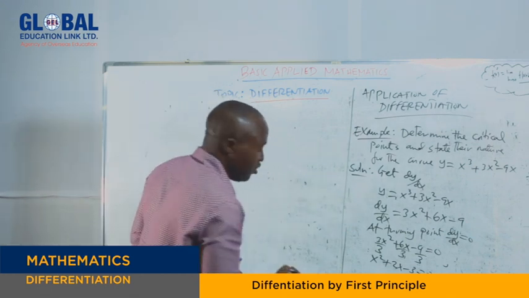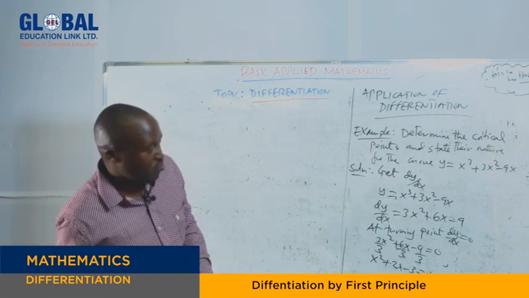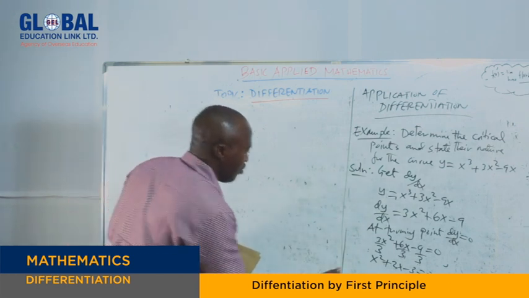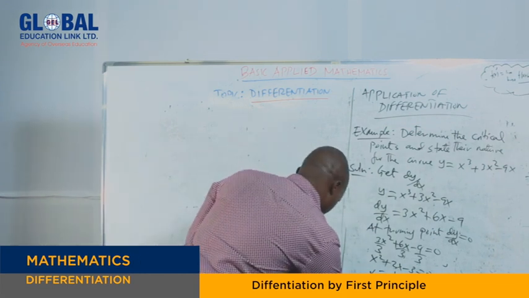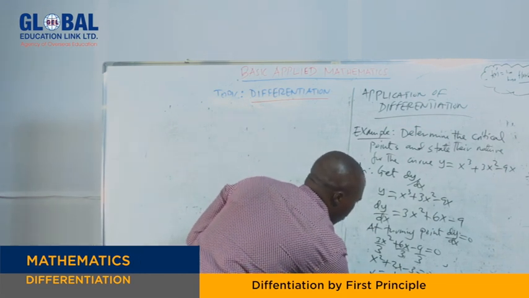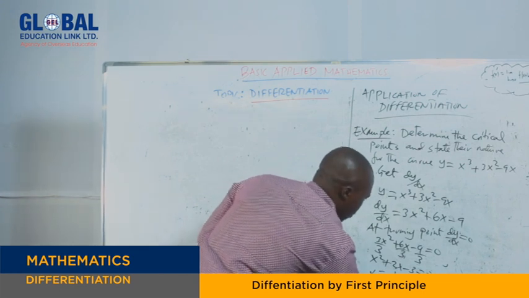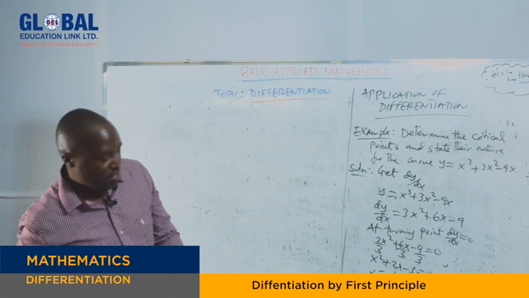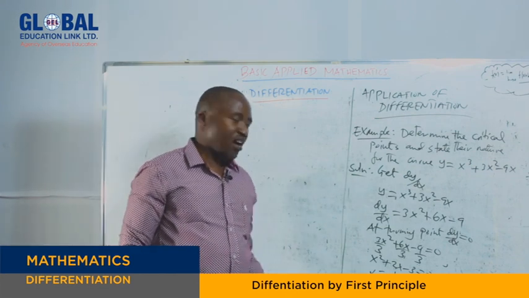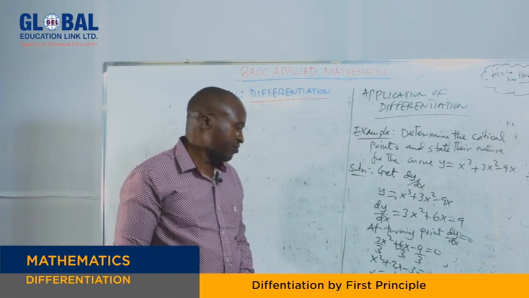By using the scientific calculator, the value of x is equal to 1, or x is equal to negative 3. Just use your scientific calculator, and then you are going to reach these values of x.